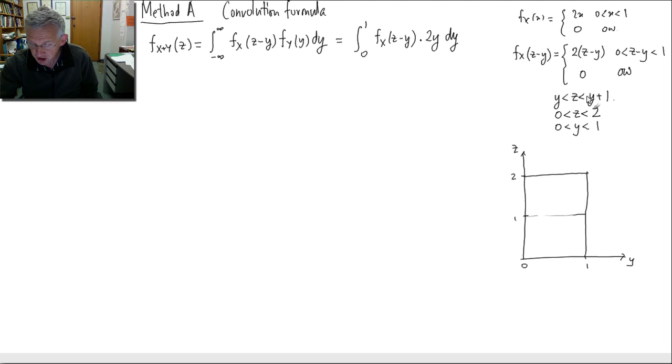But I've also got this additional constraint here. y has to be less than z. So if I draw the line on here where z is equal to y, that's that line. And now I'm going to draw the line where z is equal to y plus 1, which is just that straight line shifted up by 1 so that it goes through these points here. That's the line z is equal to y plus 1. And I need values of z which are above this line and below this line.